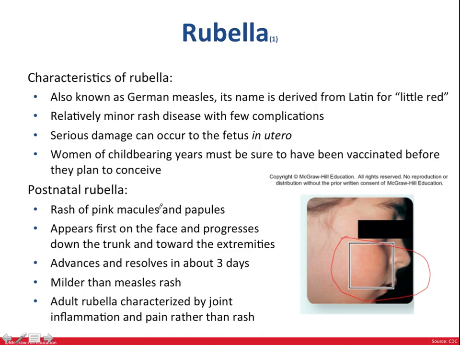The symptoms of rubella for children and adults are very mild. However, the most serious damage is for the fetus in utero.